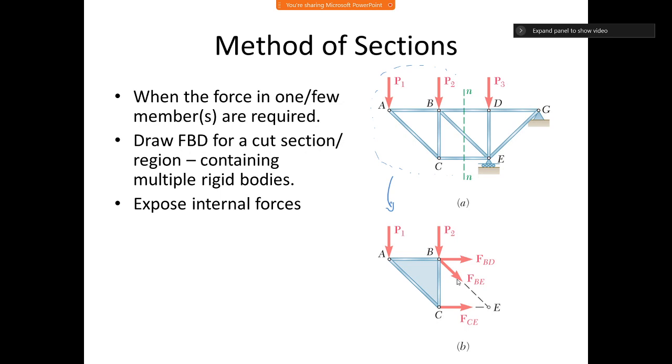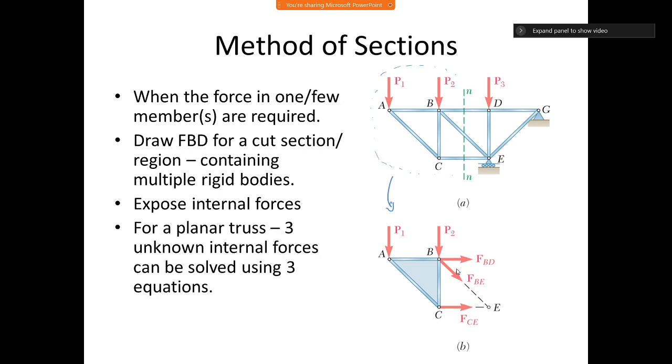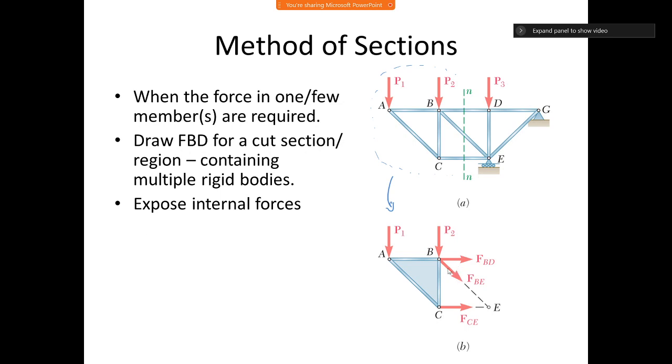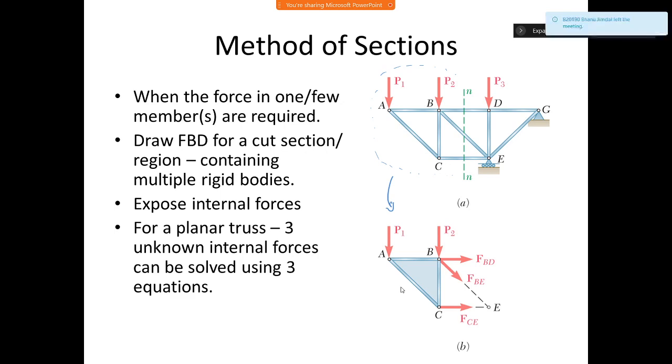And now for this section we can solve for the internal forces. In this case there are 3 unknown forces, FBD, FBE and FCE, and we can solve for these 3 forces by writing the equilibrium equations for this cut section, right?